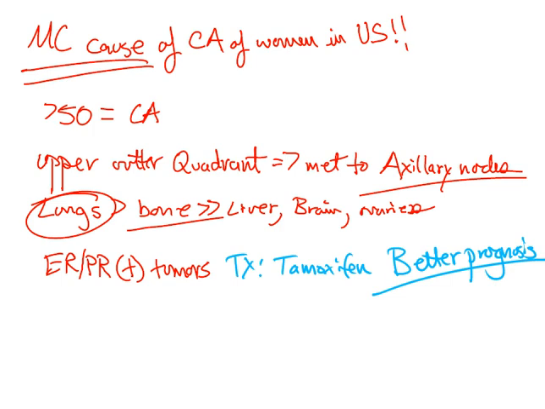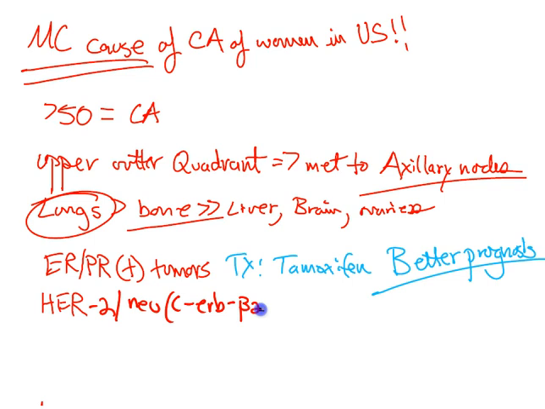And then we can have the HER2, I'll just write it in there for you, it's too much to say. So the HER2 or the CERB beta 2 tumor is a proto-oncogene that exhibits gene amplification.